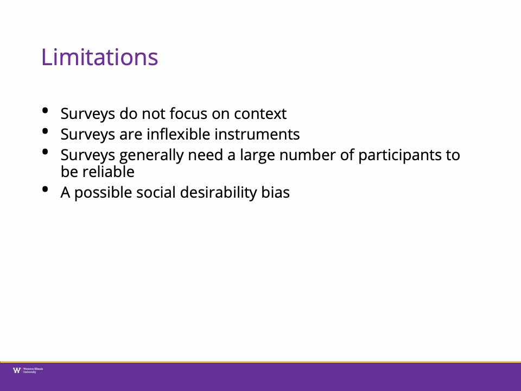The last real limitation is that there is a social desirability bias. People tend to answer surveys the way they think we want them to answer them. So if I'm asking you, are you a good person? They might think I'm trying to see how good of a person they are, so they'll say, I'm a really good person.